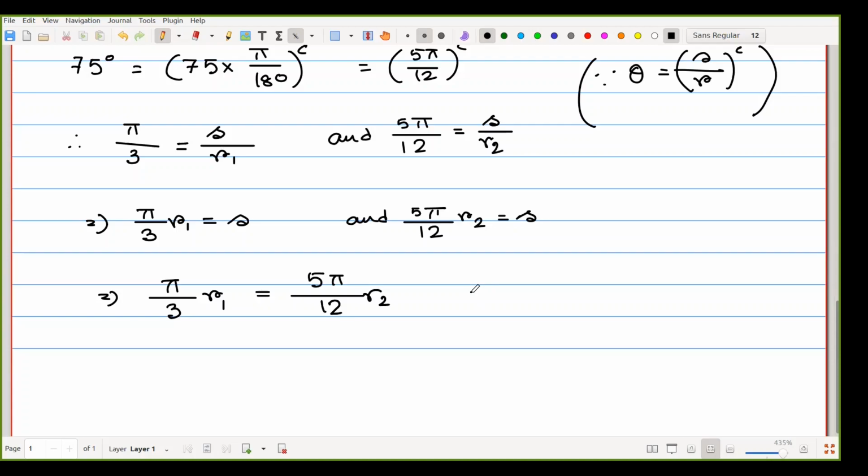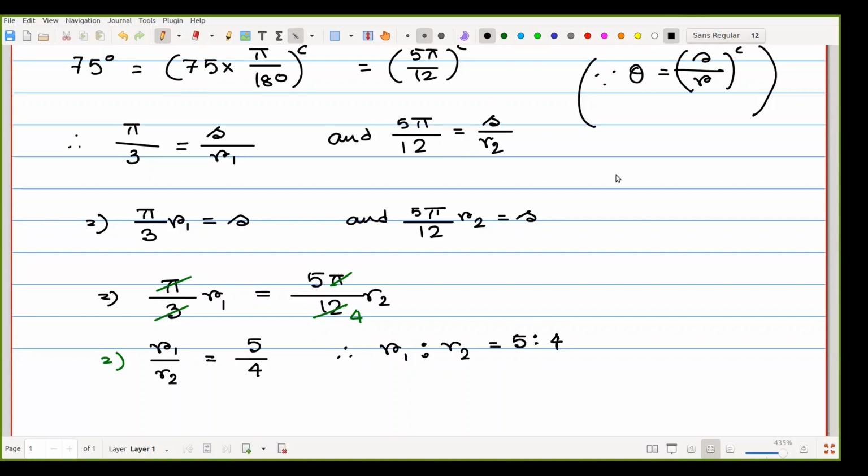We have to find out the relation between R1 and R2. So we can cancel the pi from both sides. So we have now R1 by R2 is equal to 5 by 4, or we can say R1 is to R2 is equal to 5 is to 4.